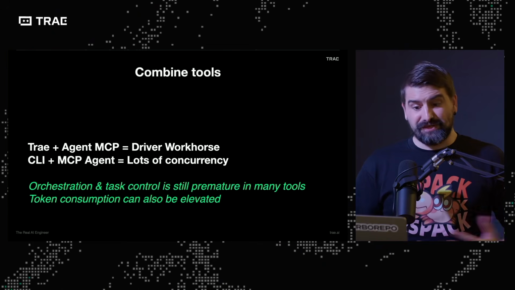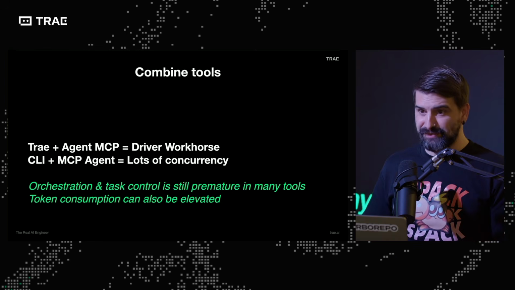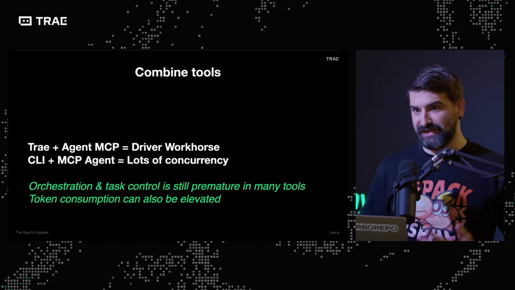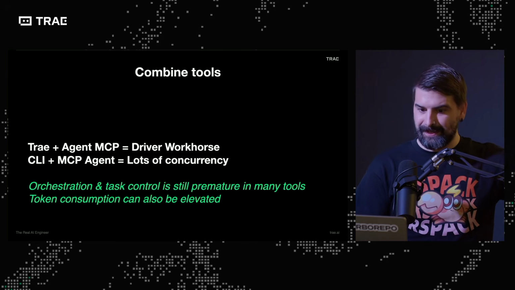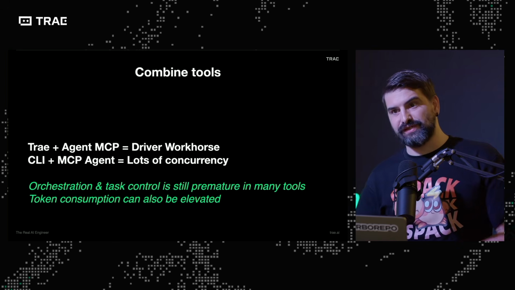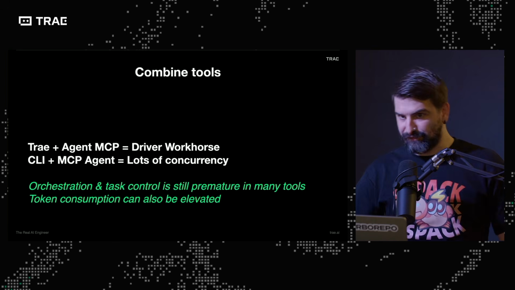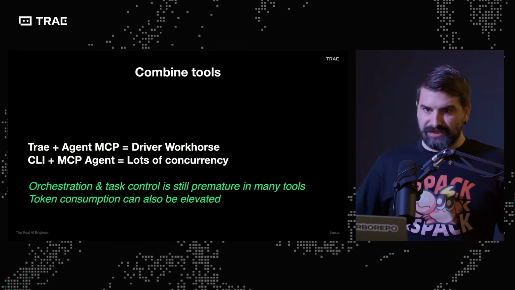So a big thing I always do is combining tools. Some of my favorite combos would be taking TRAE and an agent MCP. Most CLI tools have an MCP for them. I want TRAE's context engine to drive this thing, but I might want a workhorse to go off and do all of the work. TRAE is really good at understanding the context, and I can farm out work to a different model, and TRAE can essentially manage the model.